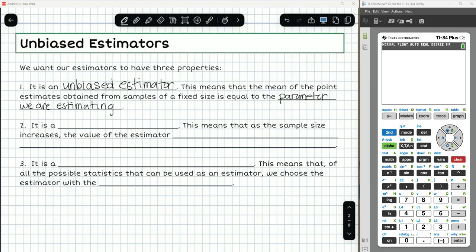The other two things we want are we want our estimator to be a consistent estimator. And what a consistent estimator means is that as the sample size increases, the value of the estimator approaches the value of the parameter we are estimating.